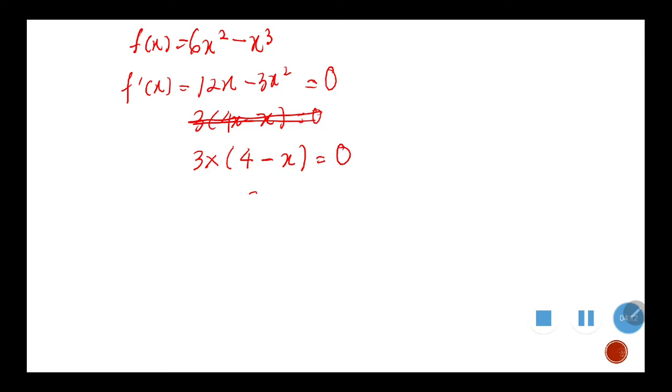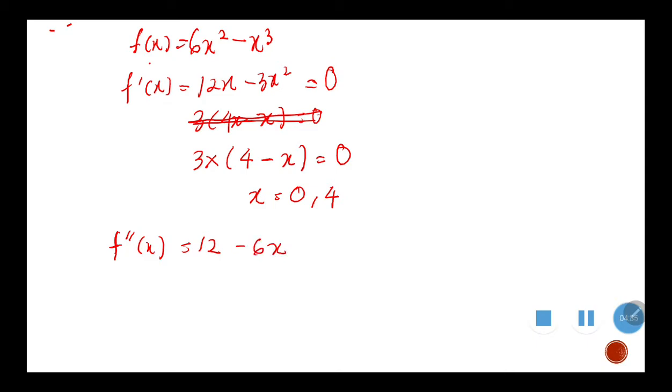So in this case we have critical numbers, you should get x equals 0 and x equals 4. Before this you did the real number line test, but now we are using the second derivative test, meaning we have to differentiate for f double prime x. Differentiate 12x minus 3x squared, so we have 12 minus 6x.